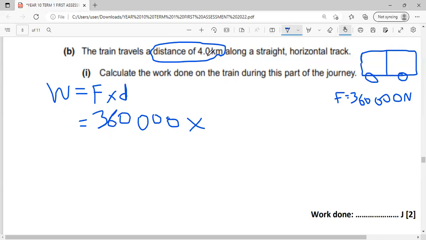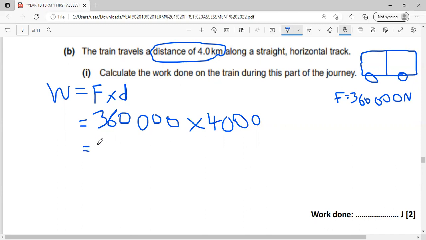And what's the distance? 4 kilometers. We don't use kilometer as the SI unit of distance in physics. The SI unit of distance is meter. So you have to convert from kilometers to meter. How do you convert? You multiply that 4 by 1,000. That gives you 4,000 meters. That's the distance. Now multiply 360,000 by 4,000.